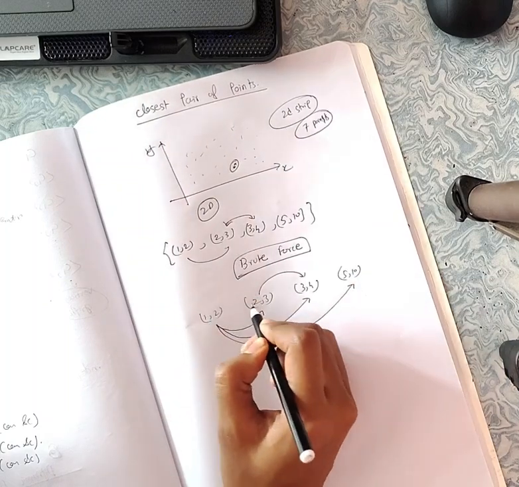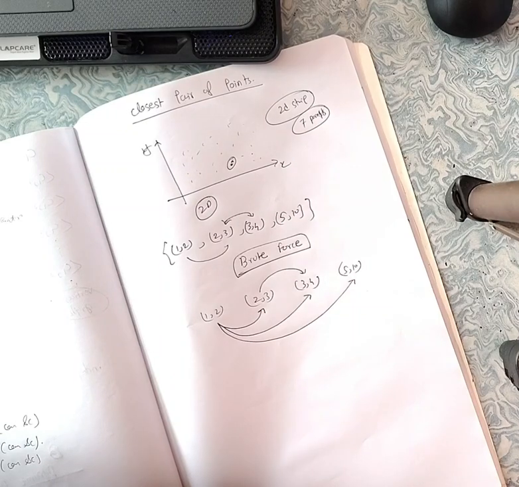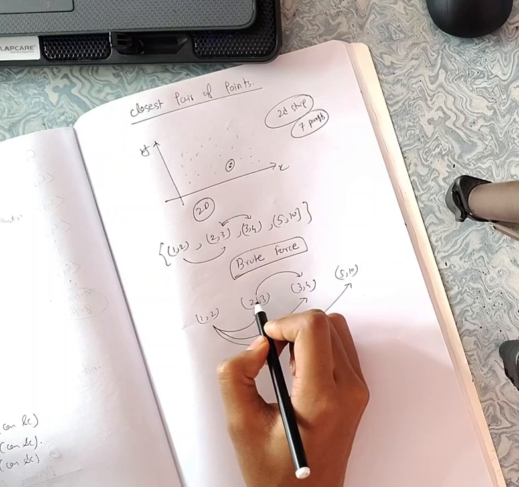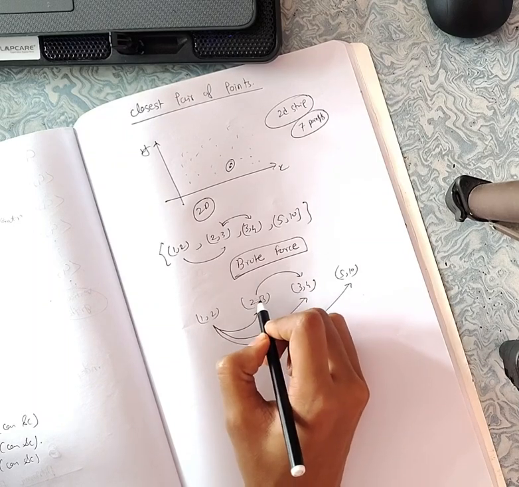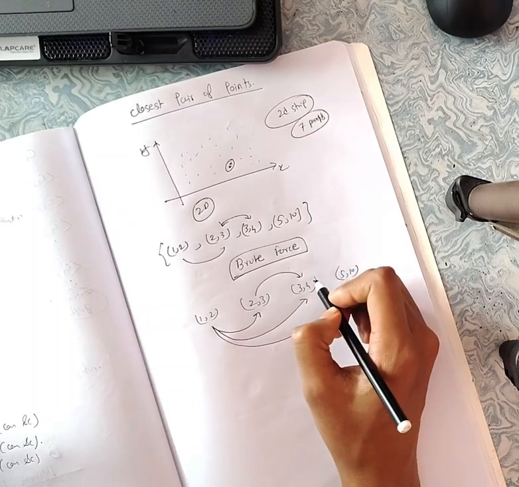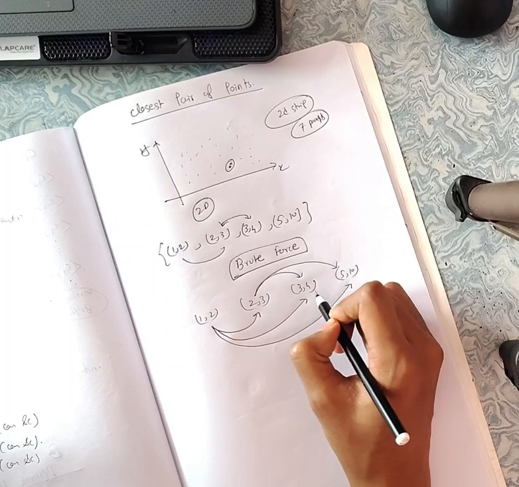I'm not going backwards because these 2 points are already considered, and distance is not like a vector quantity. So if I consider this first and this second, or this first and this second, both are the same. So I'm going to consider these 2 points, and then these 2 points.